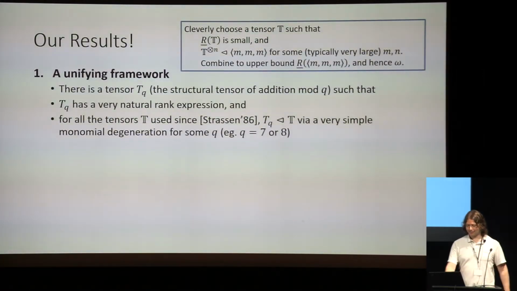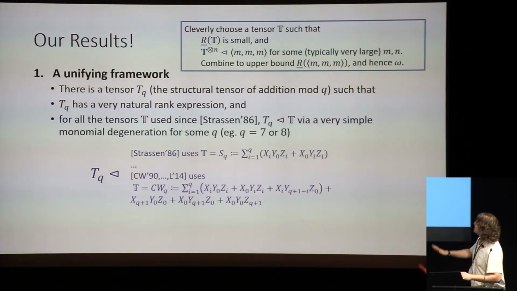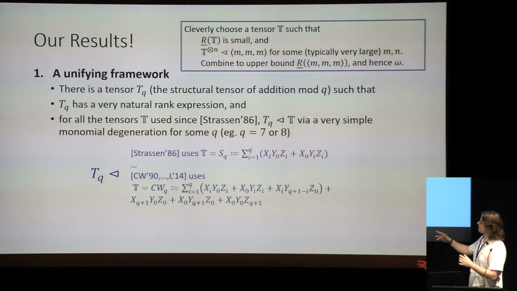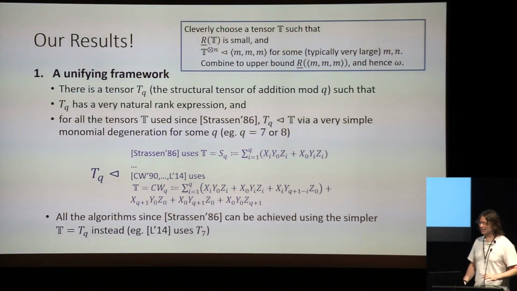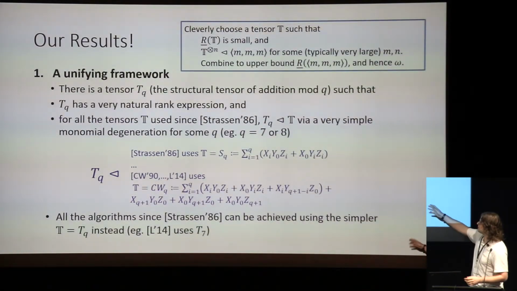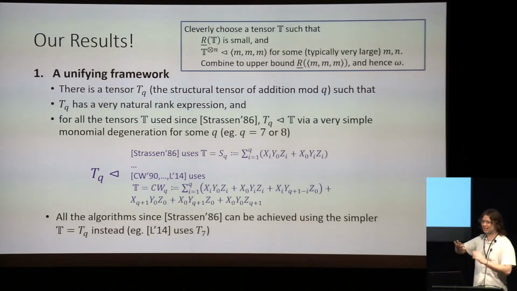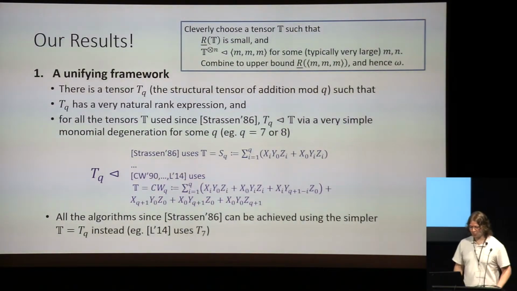So for all these tensors I was telling you about before, we can find nice simple degenerations from our simple tensor TQ to all those other tensors. So another way to think about this is that all the bounds on omega since Strassen's 86 algorithm, instead of using these more complicated tensors in the blue box, can all be achieved by using our TQ tensor instead. So let me show you what TQ actually is.